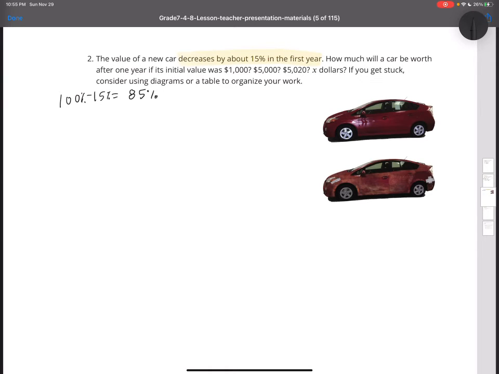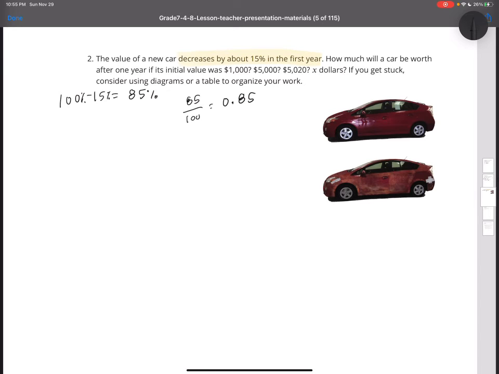Okay. So I need to convert 85% into a decimal. And to do that, I'm putting it over 100, and it's going to be 0.85. All right.